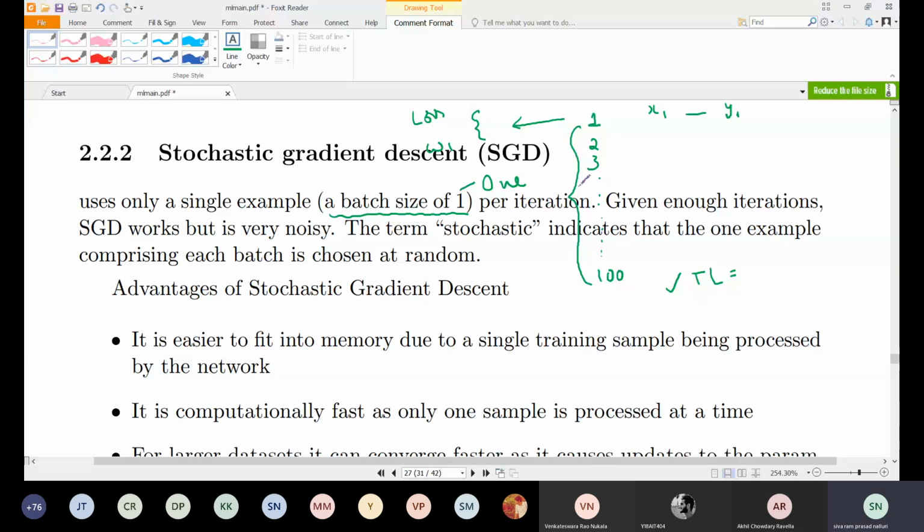Whereas in case of stochastic gradient descent, what we do? We take one example from the training set, only based on one example loss, we update the weight.